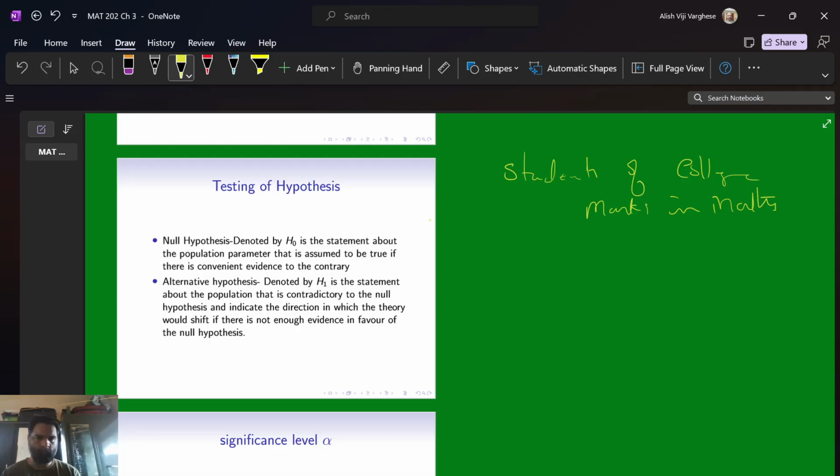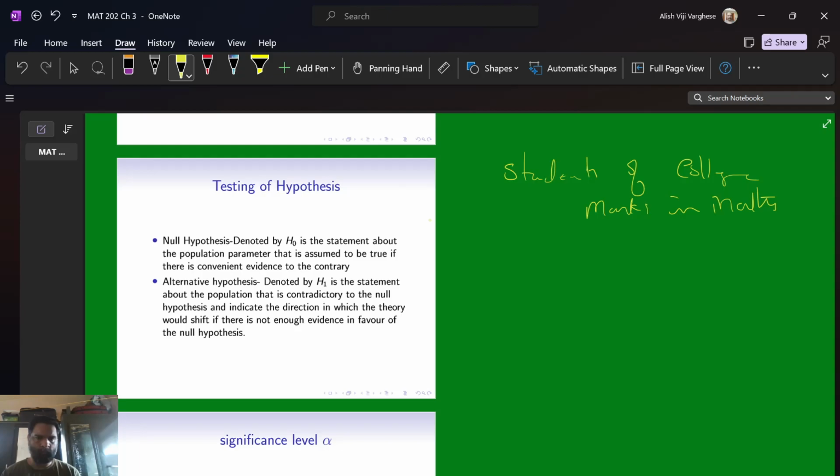That is what I am interested in. And I'm unable to contact all the students of the college and collect their marks in mathematics and study it. So I just take a sample from the population and study the sample and make inference on the population using the information I obtained from the sample.